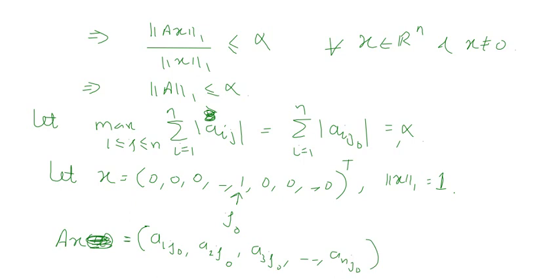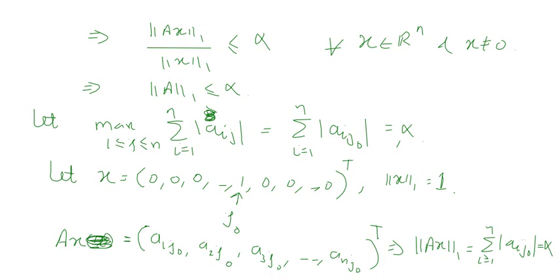Can I say this? So if you create this artificial vector x, then for that corresponding x, Ax is this, and this is the transpose of this. So for this, norm of Ax1 is equal to summation i equals 1 to n mod of Ai j naught, that is equal to alpha.